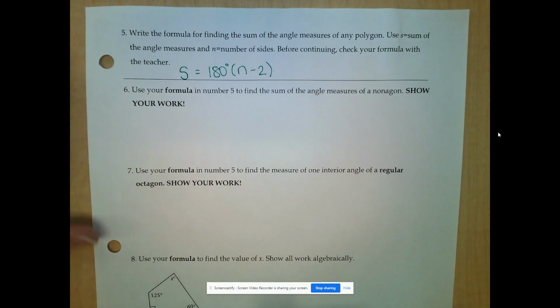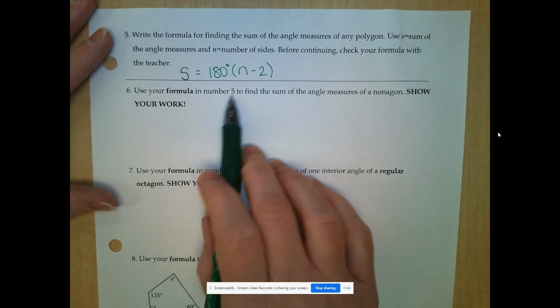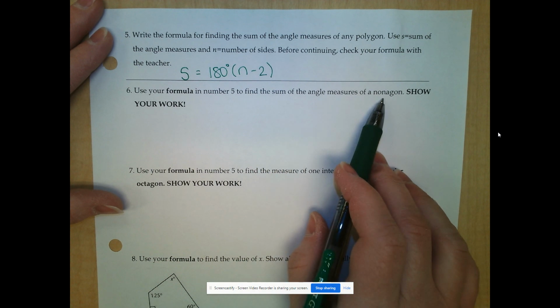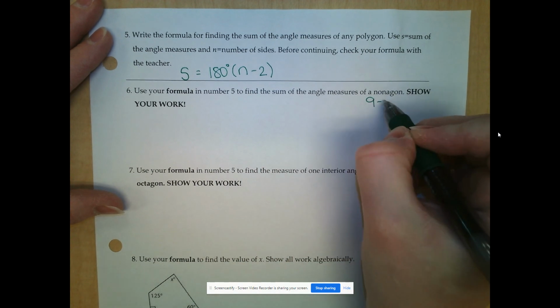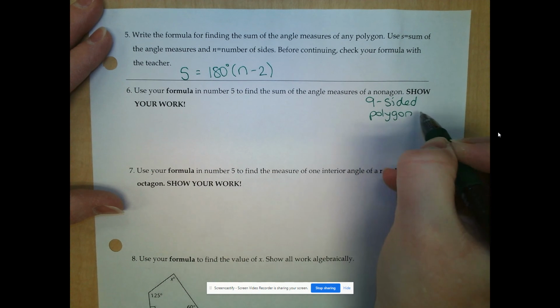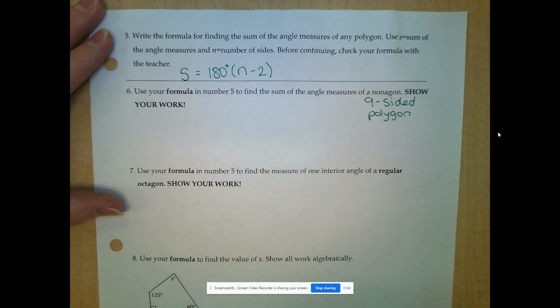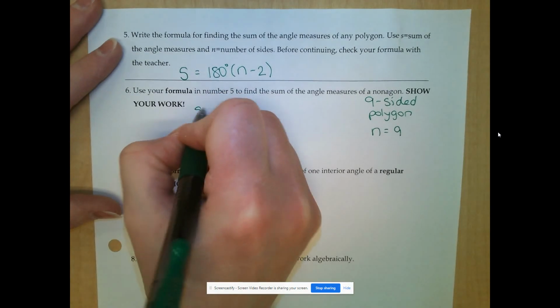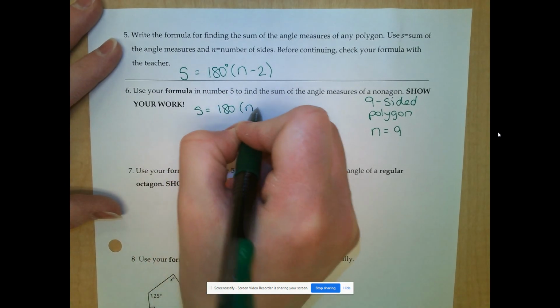So using the formula we just created in number 5, we'll find the sum of the angle measures of a nonagon. A nonagon is a 9-sided polygon. Instead of drawing it and making all the little triangles inside, we're going to use n equals 9. So S equals 180 times n minus 2.